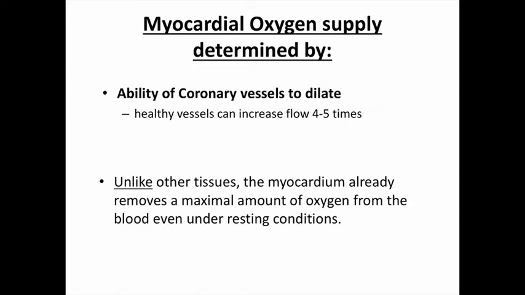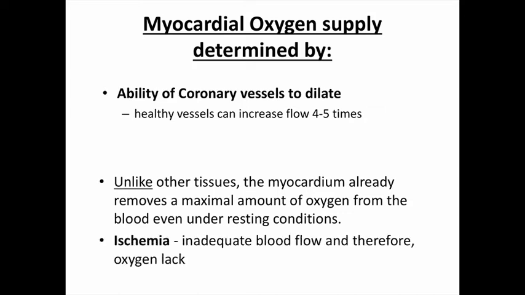When we have healthy vessels and an increase in demand, our only option to increase supply is to vasodilate, right? Because unlike other tissues of the body, the myocardium under resting conditions removes pretty much the maximal amount of oxygen from the blood, even when it's at rest. So the only way to get more oxygen delivered is to vasodilate.